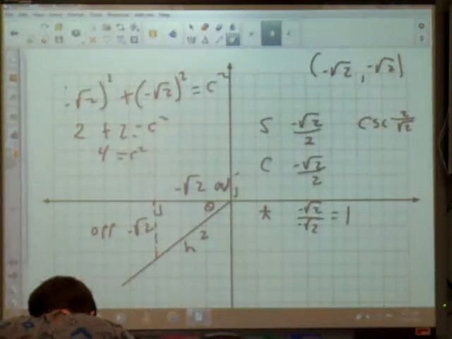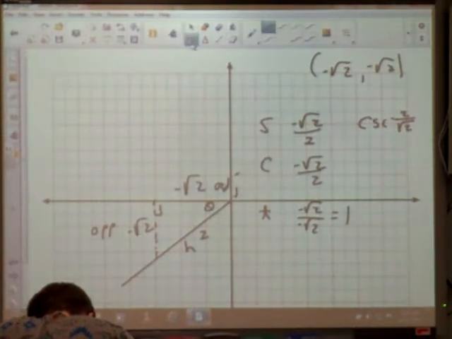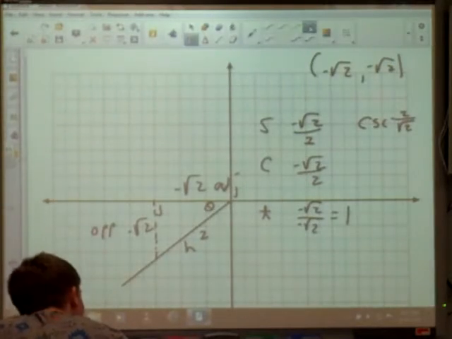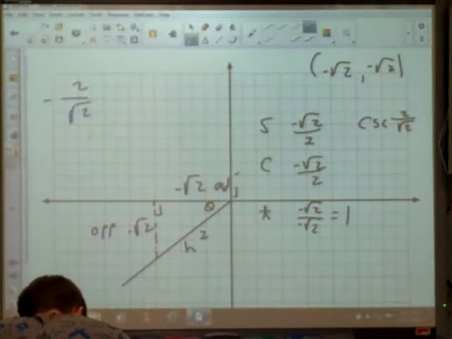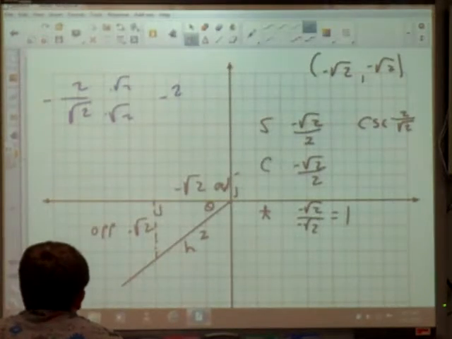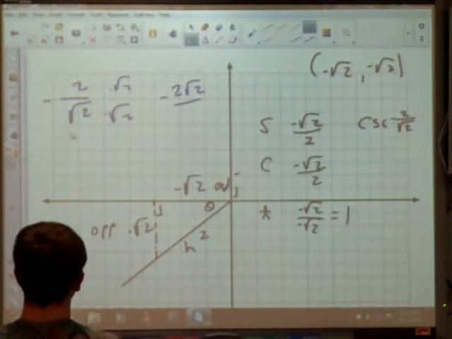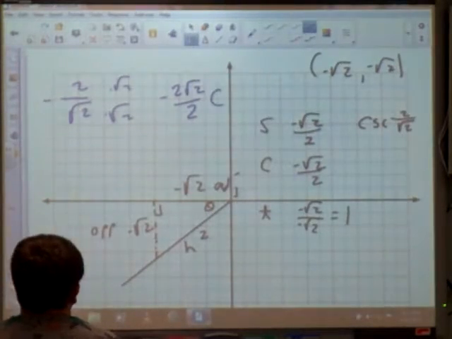It doesn't matter where, as long as you get it up there one time. Alright, I'm going to write this over here in different colors so we can see it. If I've got this, and I need to get rid of that radical on bottom, I'm going to multiply the top and the bottom by the square root of 2. So that gets me negative 2 square roots of 2 over square root of 2 times square root of 2, square root of 4, which is 2. So that is your cosecant.